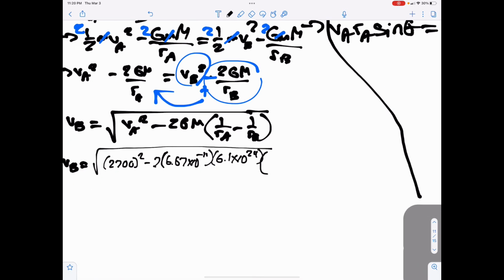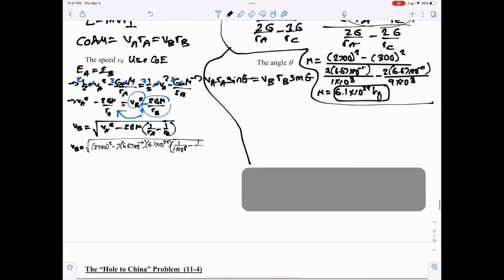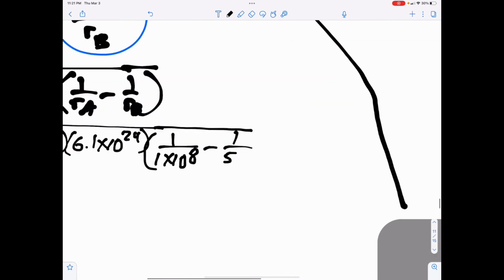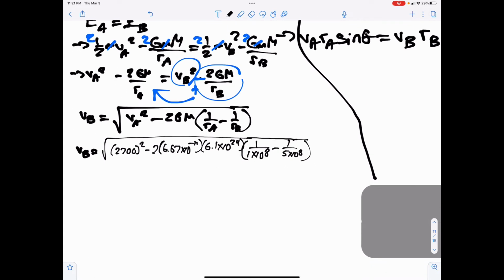And then we're just going to multiply that by 1 over RA, which was 1 times 10 to the 8, minus 1 over RB. What was RB again? RB was 5 times 10 to the 8. Take a second to throw that in your calculator. I would chunk that up into bite-sized pieces, make it easier on yourself.